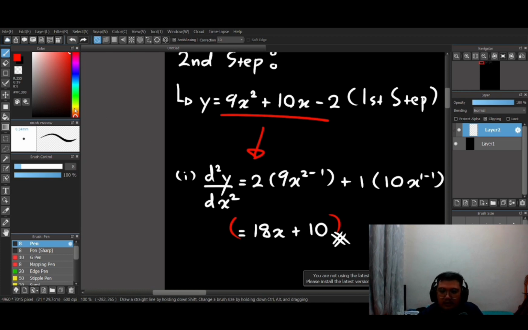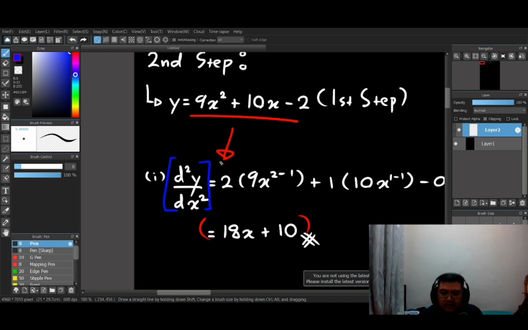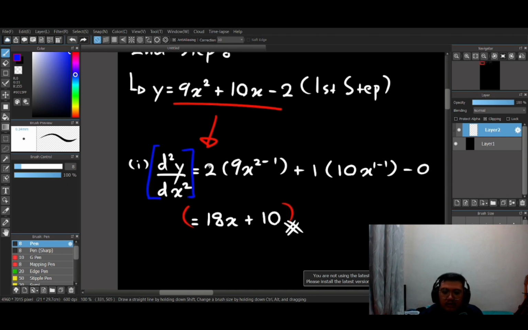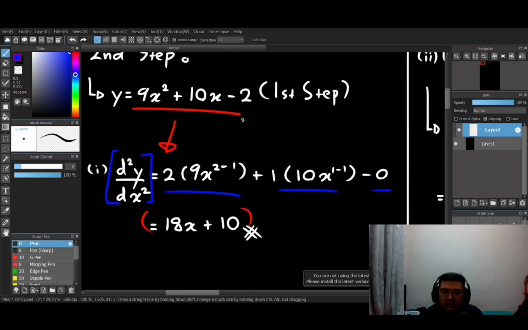So first we need to use the second differentiation. The formula is d squared y over dx squared equal to this one, and this one.